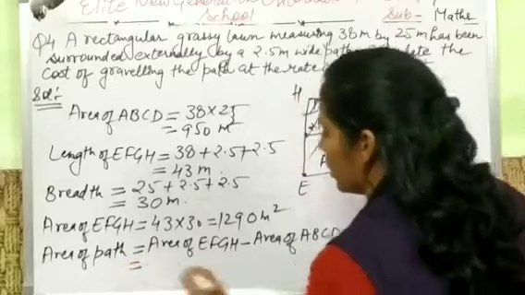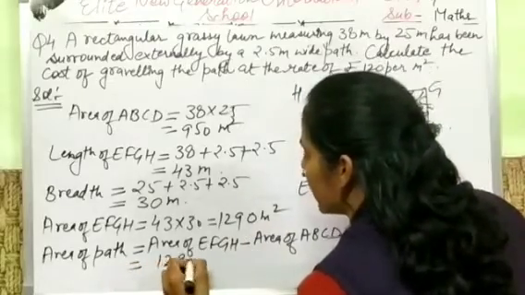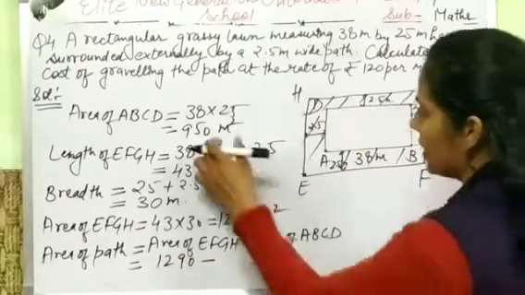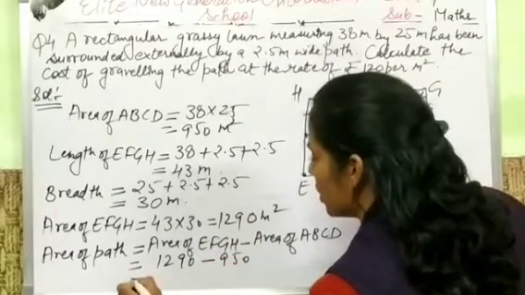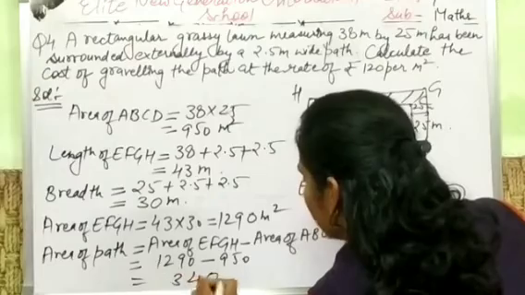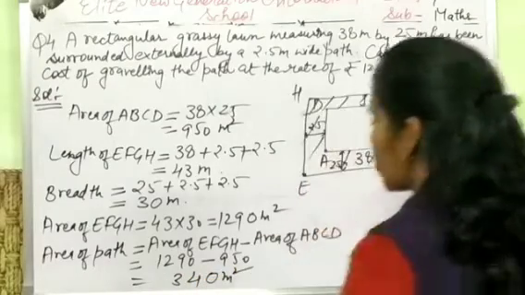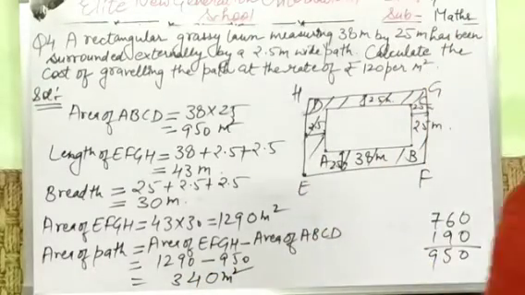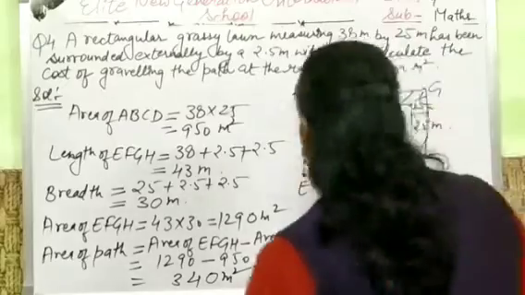Area of EFGH is 1290 and area of ABCD is 950. So what we get here is 340 meter square.